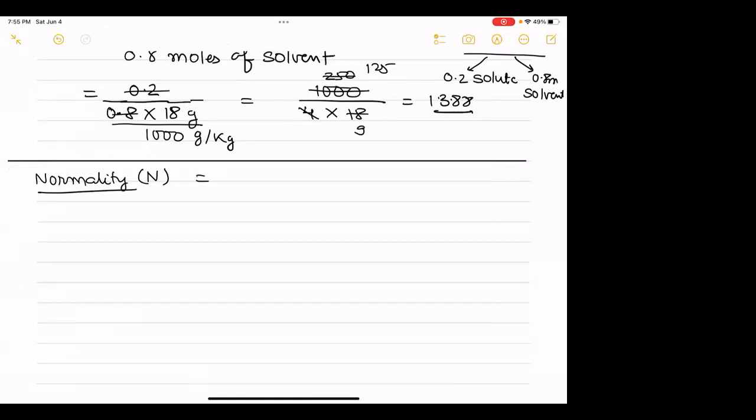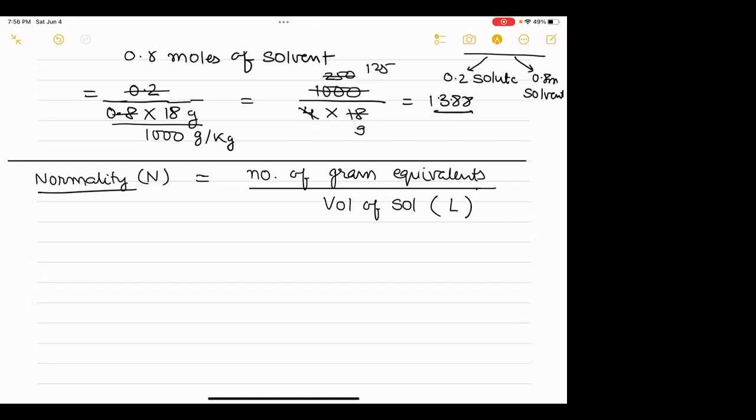So it is the number of gram equivalents divided by the volume of solution. Yes, it is the number of equivalents of solute divided by volume of solution in liters. So how many equivalents are there?